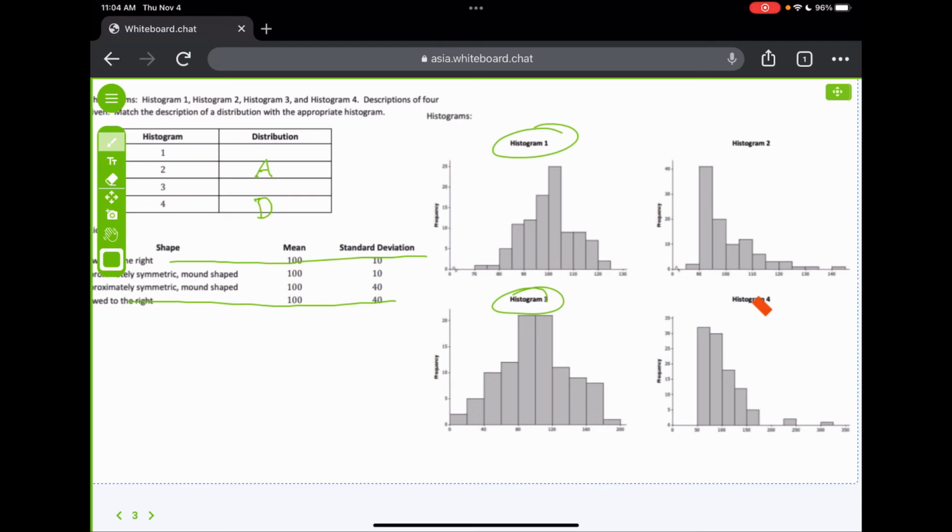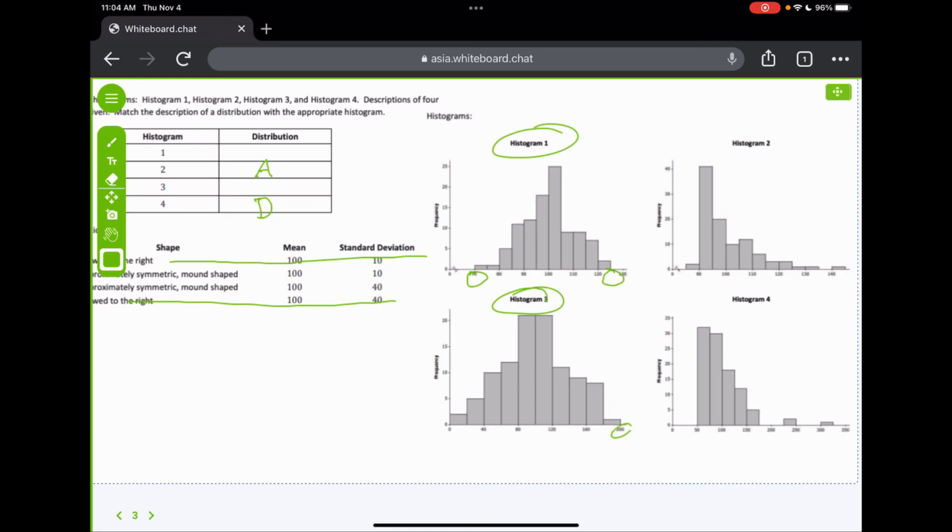So we're going to look down here and see how spread out they are. Well, this goes from 0 to 200. This goes from 70 to 125. So you're probably not going to have a standard deviation of 40 when the whole spread is only, what is that, 55?